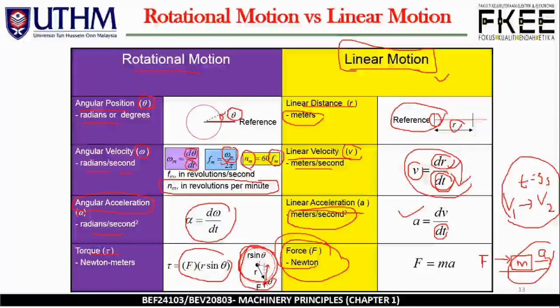Then we create a perpendicular between this point and the F, and this vector is usually represented by R sine theta. So F multiplied by R sine theta is the given torque.